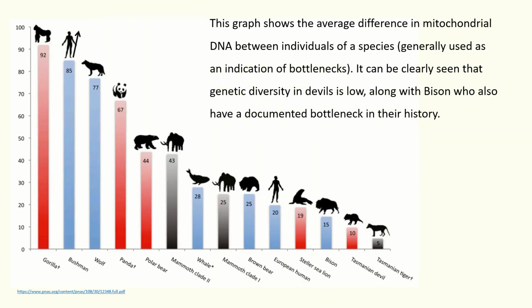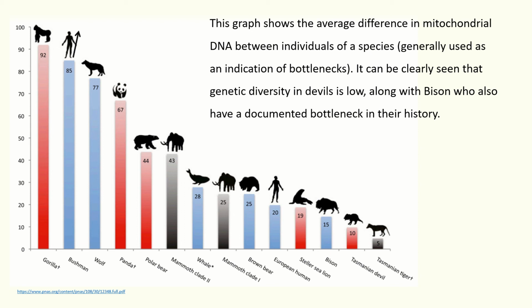Looking at this graph here, this shows mitochondrial DNA and the difference in mitochondrial DNA between different species. Mitochondrial DNA is often used by evolutionary biologists, geneticists, phylogeneticists, etc., as an indication of bottleneck events and of diversity.